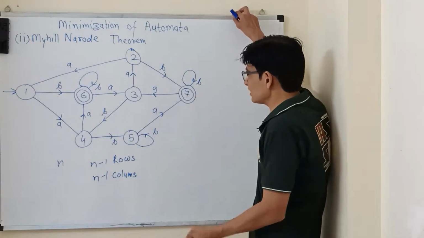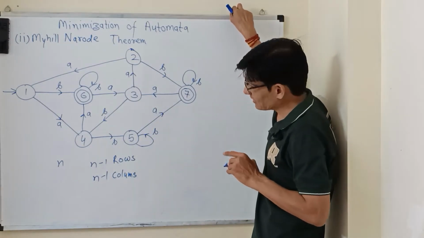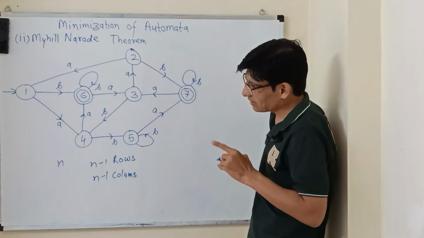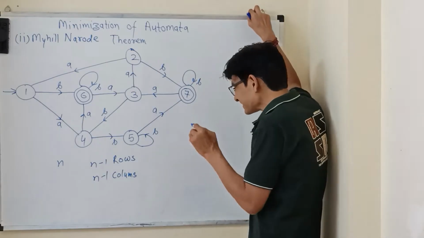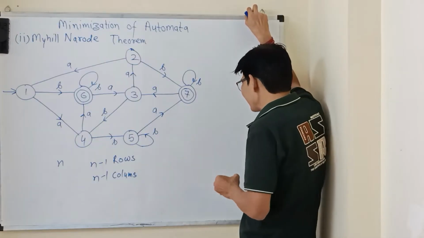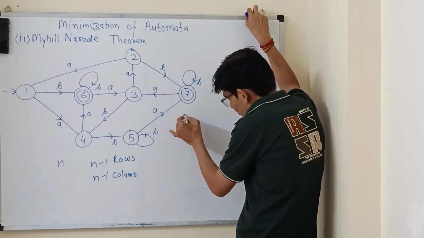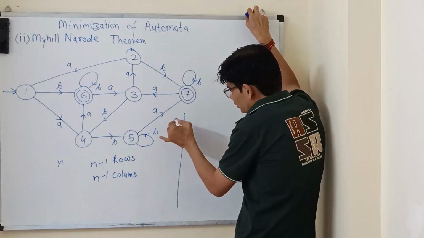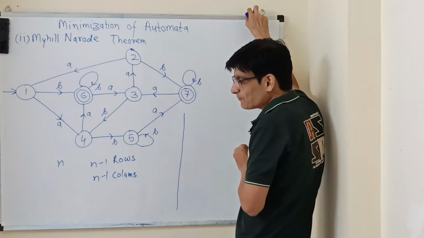In this particular example, we have seven states. So in this method, we will make six rows and six columns in the table. See, in both rows and columns, we skip one state.